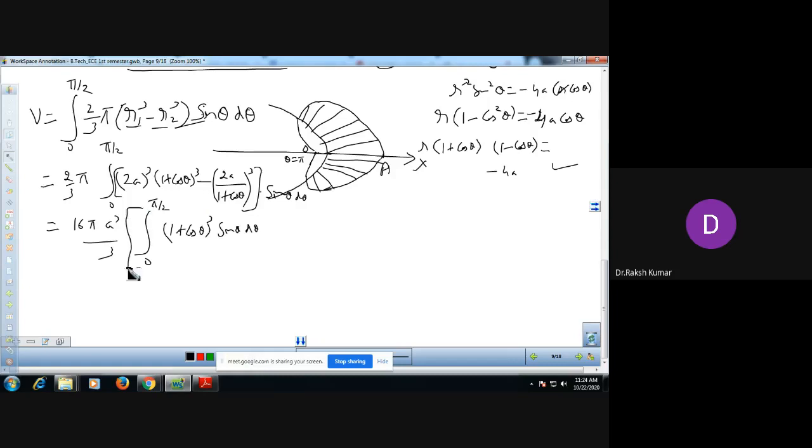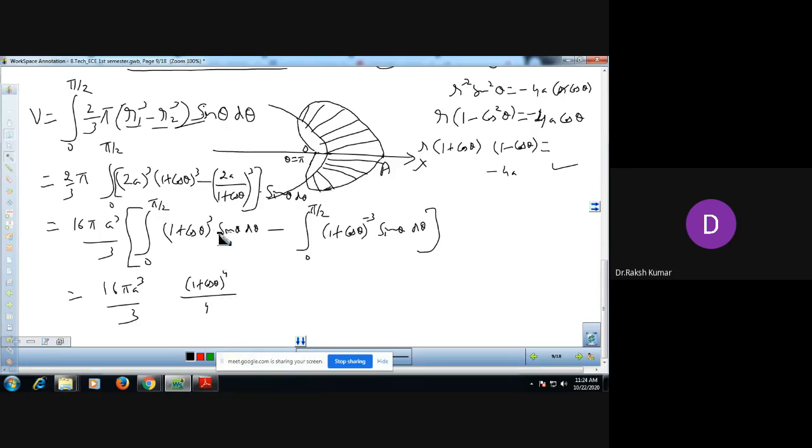This one you can take inside and separate this integral, 0 to pi by 2, (1 plus cos theta) raised to power minus 3 sine theta d theta. As we used the integration formula in the previous question, here it is cos of theta, and the derivative of cos of theta is minus sine theta. So its integration will be (1 plus cos theta) raised to power 4 over 4.